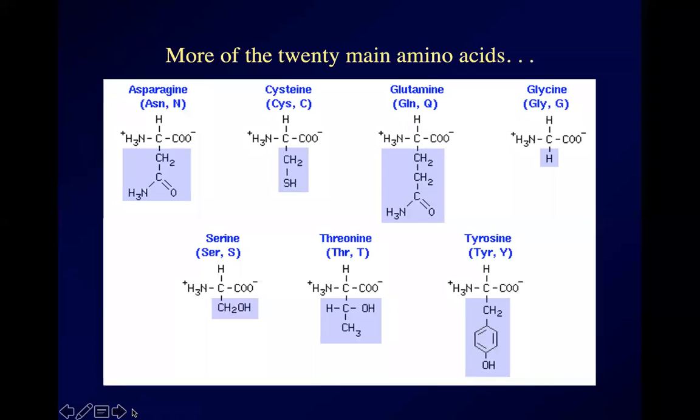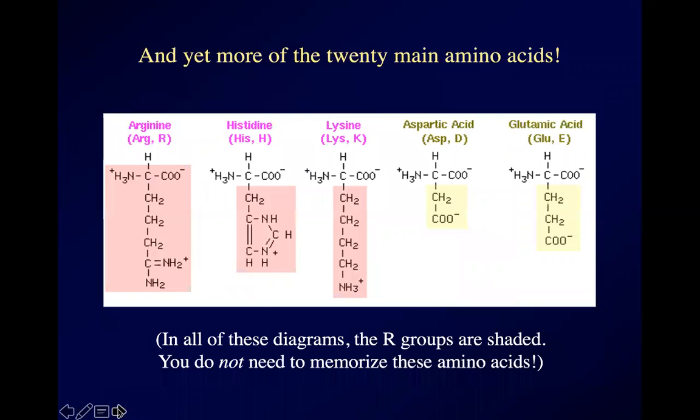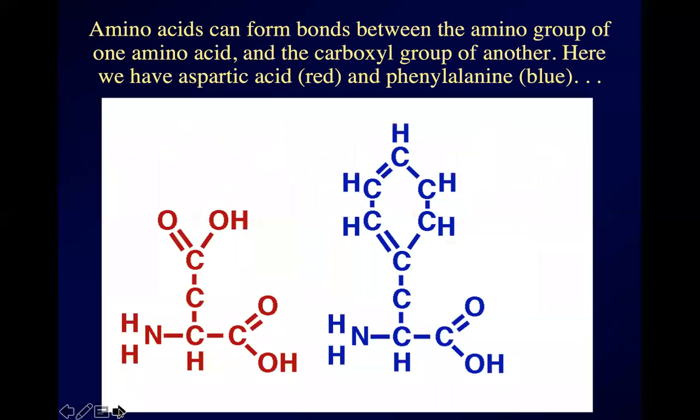Glycine at the upper right is very tiny, and tyrosine at the lower right is a large R group. And here's the rest. In all of these, the R groups are shaded. Again, you certainly don't need to memorize the names, and you definitely don't need to memorize the formulas unless you want to.